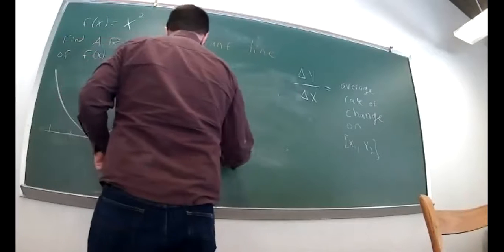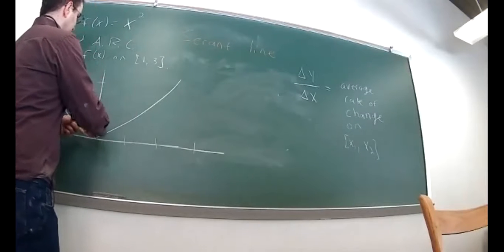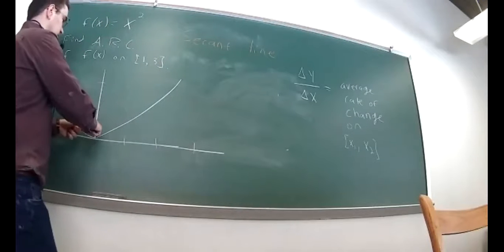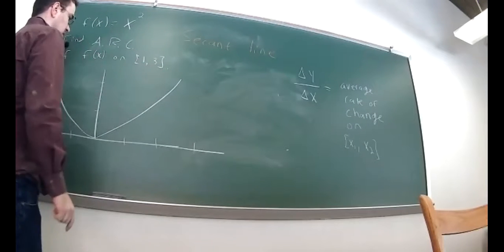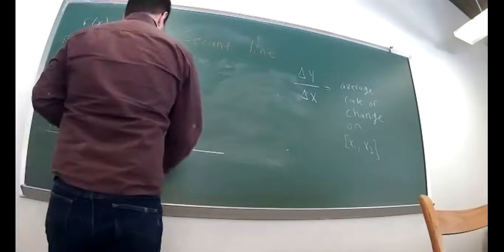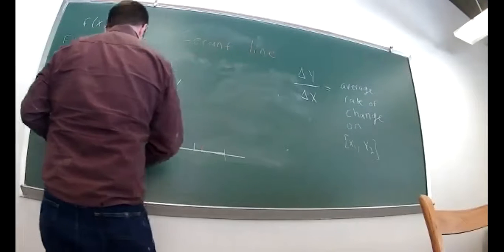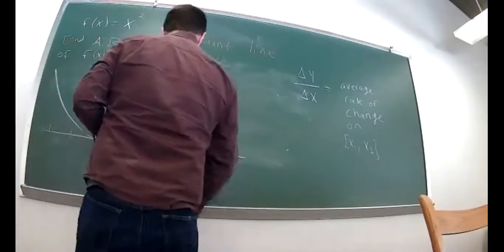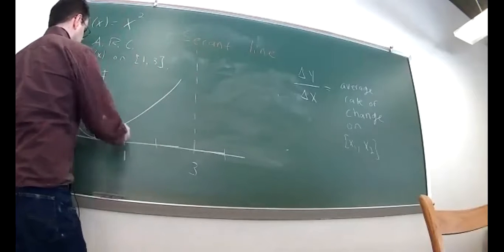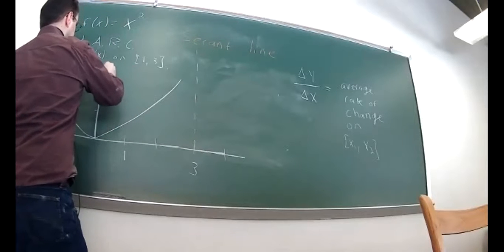In reality, this thing should be going upwards faster, but it's easier to see if I don't draw it quite so accurately. So 1, 2, 3, 4, and I'm looking at x equals 1 to x equals 3, and when x equals 3, you're supposed to go up to 9. So 1, 2, 3, 4, 5, 6, 7, 8, 9.